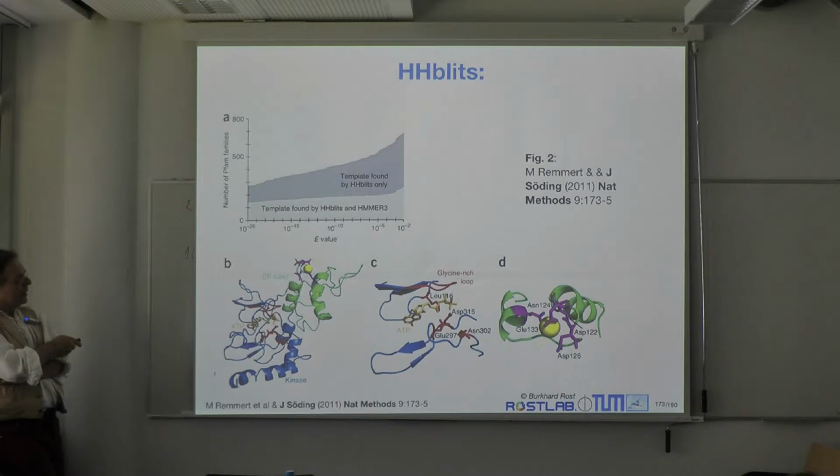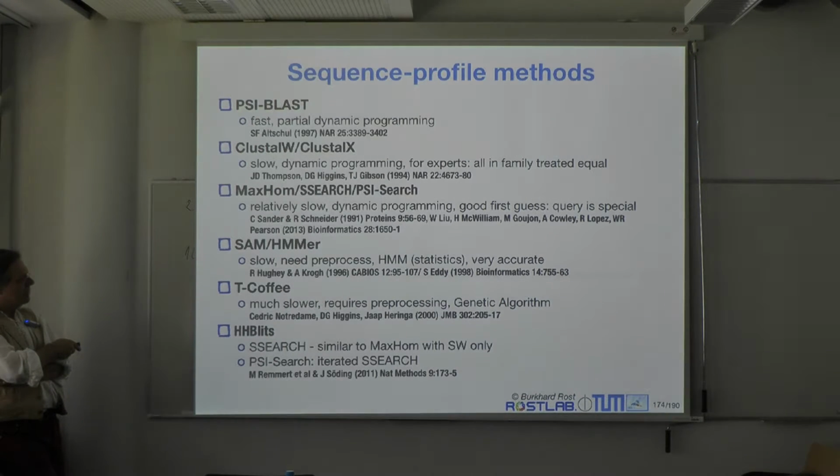Okay. Here are examples that you can, with HH-blits, reach much further than we can do with all of these other methods. So let's review the things we have. Everybody uses PsiBlast. All biologists who publish stuff use essentially ClustalW. All these types of methods here, Maxhom, SS search and the like, are sequence specific, while these are family specific kinds of methods.